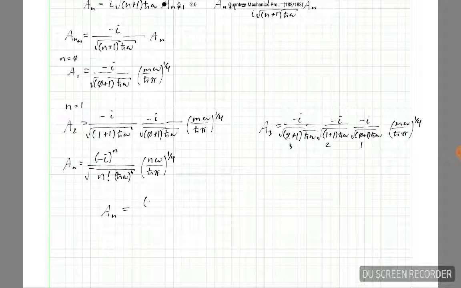And there we go. This is my general formula. I have a n is negative i to the n power over the square root of n factorial, times h bar omega to the n power, times a naught, which was m omega over h bar pi to the 1/4.